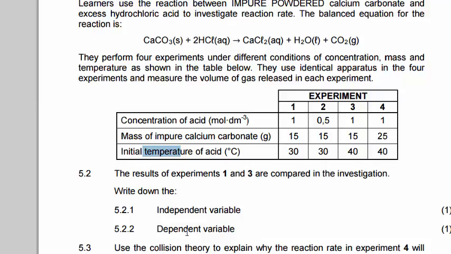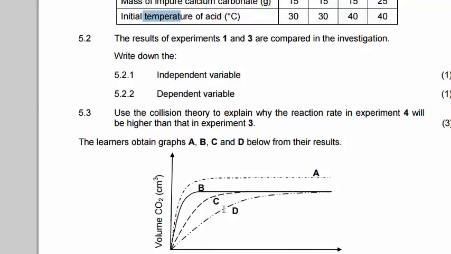So your independent variable is temperature, dependent variable is reaction rate. Or if you did say volume, that would also be fine. I think that's probably more correct, because that's what they're observing, the volume of gas. But they are using that to investigate reaction rate, so I don't think it would be wrong if you say reaction rate.